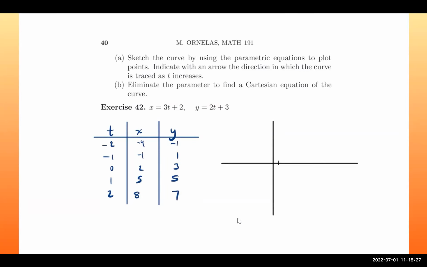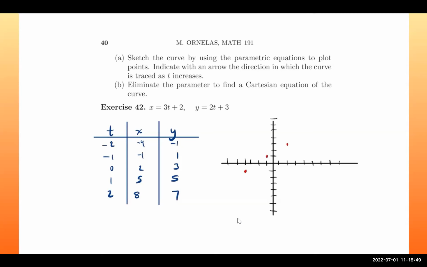So let's draw the coordinate plane and plot those points. All right, so the first point is -4, -1.